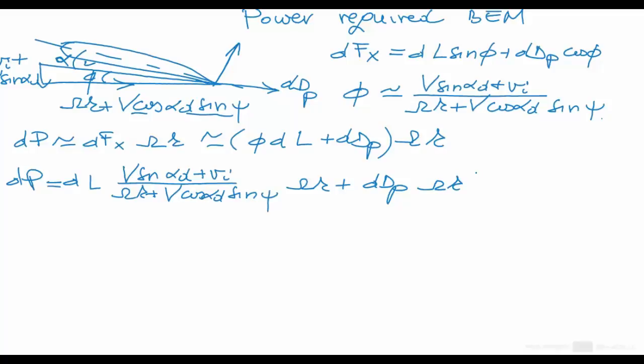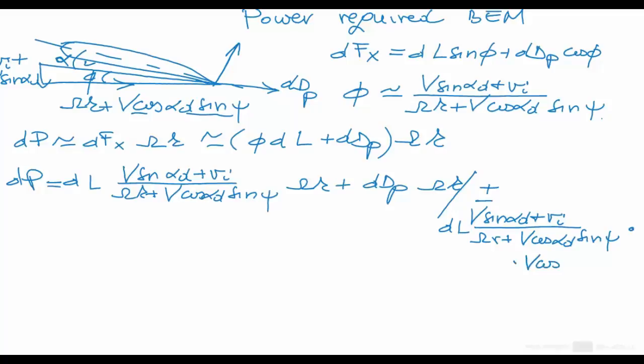What we are going to do now is add and subtract the following term: dL times V sine of alpha disk plus vi, divided by omega r plus V cosine of alpha disk sine psi, times V cosine of alpha disk sine psi. I will show you why we do this.